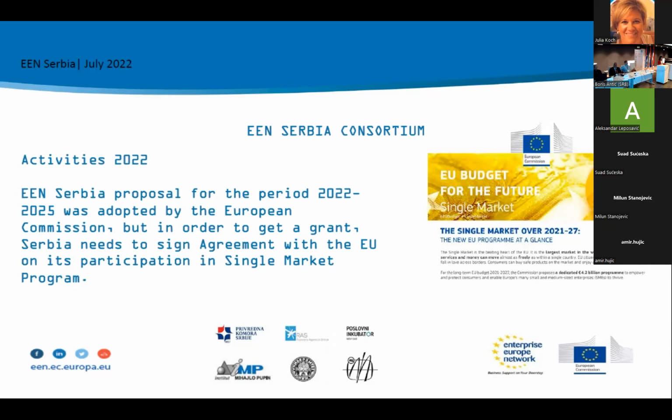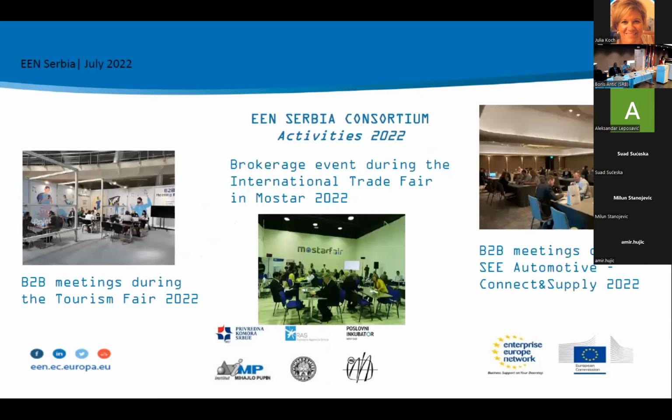The next EEN project should last until June 2025. We are well behind it, but nevertheless, even though we have these obstacles, we are still, as you can see, doing our activities and trying to help Serbian SMEs.